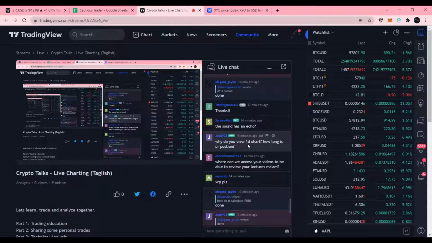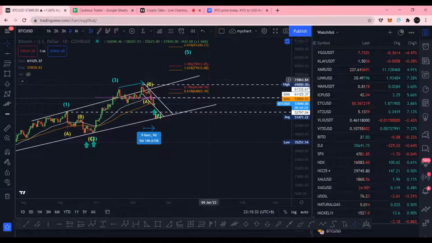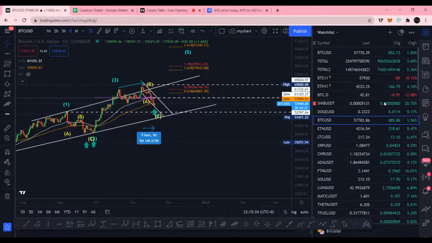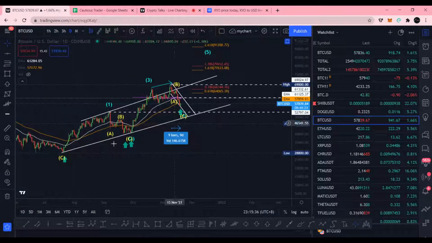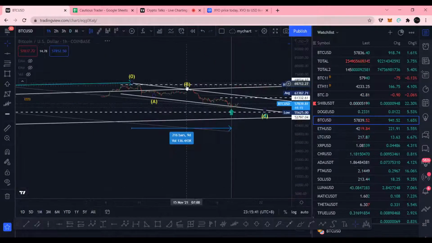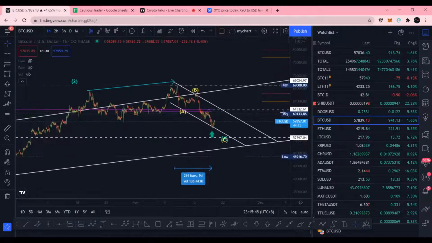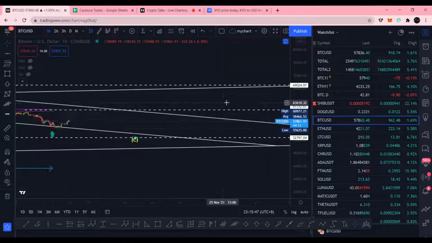Why do I view the 1 day chart? Normally I'm using the 1 day chart, and then from that 1 day chart I go to my time frame. For example, if I'm going to trade BTC or whatever contract or asset it is, I plot the support and resistance using the daily time frame, and then I go to whatever time frame I'm normally using, which is the 1 hour time frame.